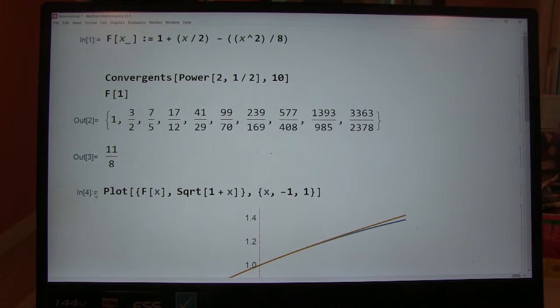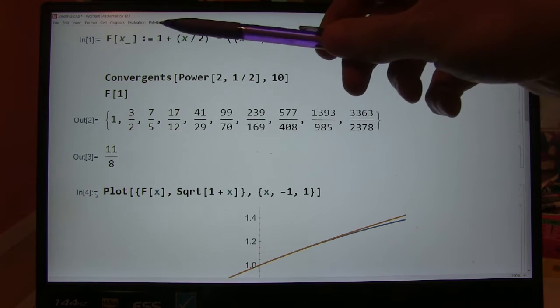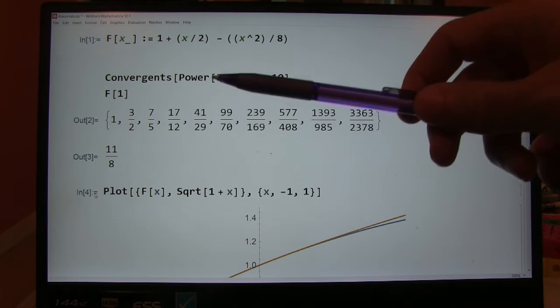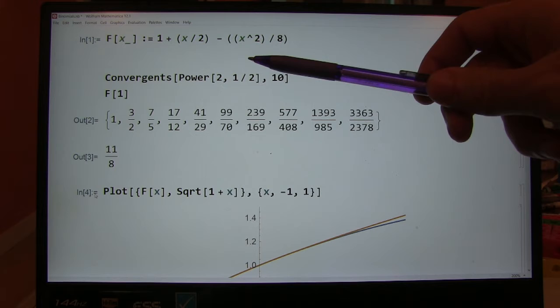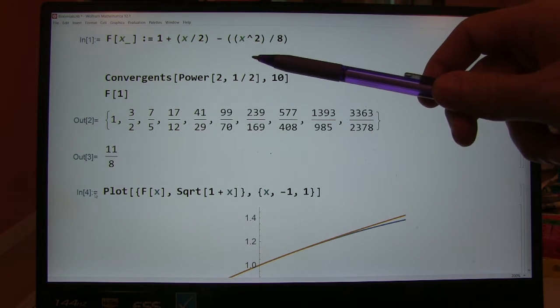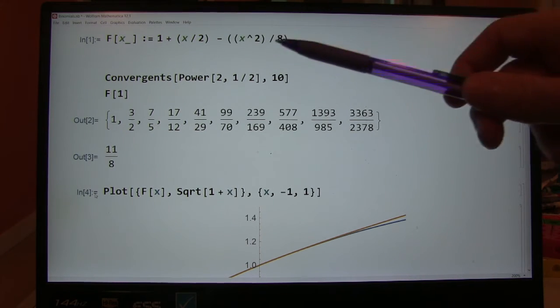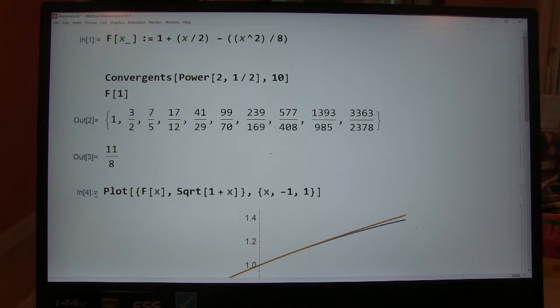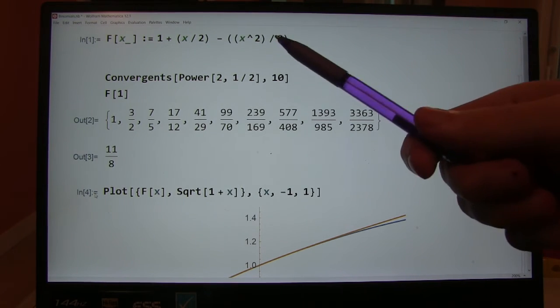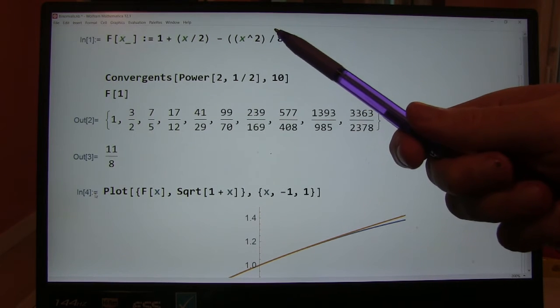Okay, so we have defined our function. You've done this in Mathematica. First, we're looking at the square root of 2, where our function is the square root of 1 plus x, so for the square root of 2, x equals 1.